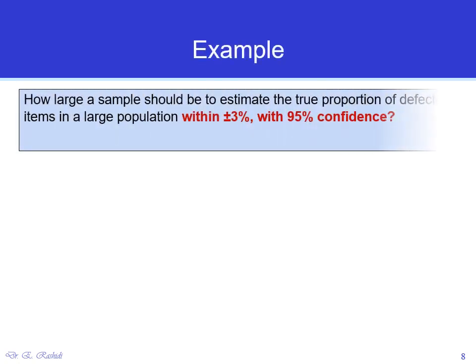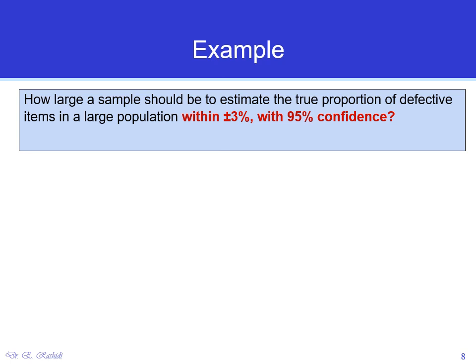How large should a sample be to estimate the true proportion of defective items in a large population within plus or minus 3% with 95% confidence? Here it gives you the margin of error, and also the confidence level, which you can find based on 1 minus alpha.